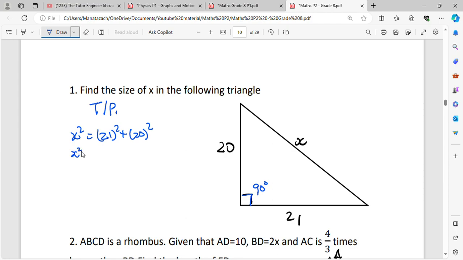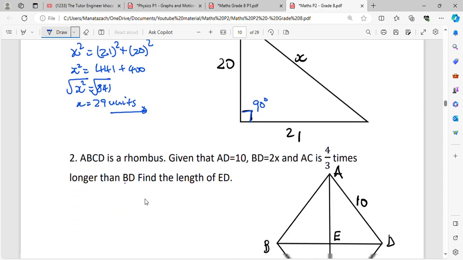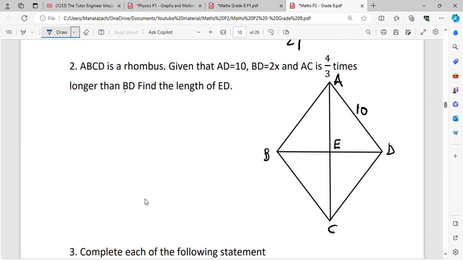So from here on, we'll solve for X. So X is 29 units. Okay, so let's go to the next question.